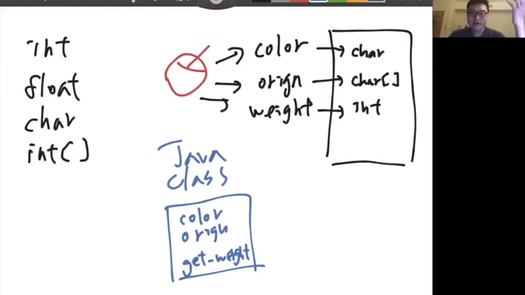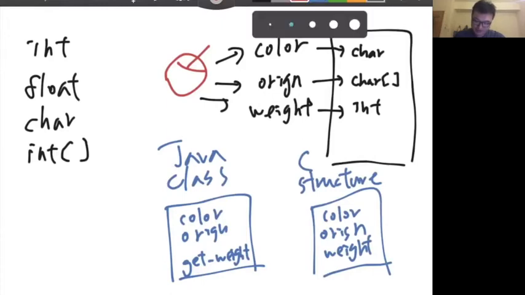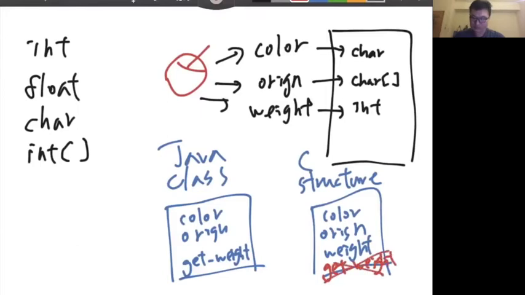Fortunately, C provides something special called structures to support this complicated data type definition. So for C structures, you can define color, origin, weight, but you cannot define methods, because this is not an object-oriented programming language.